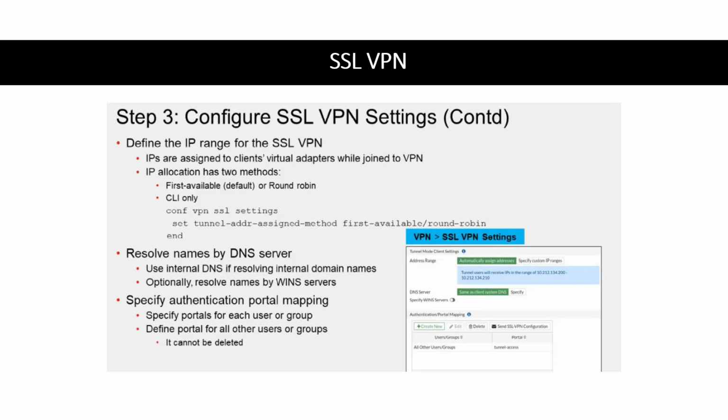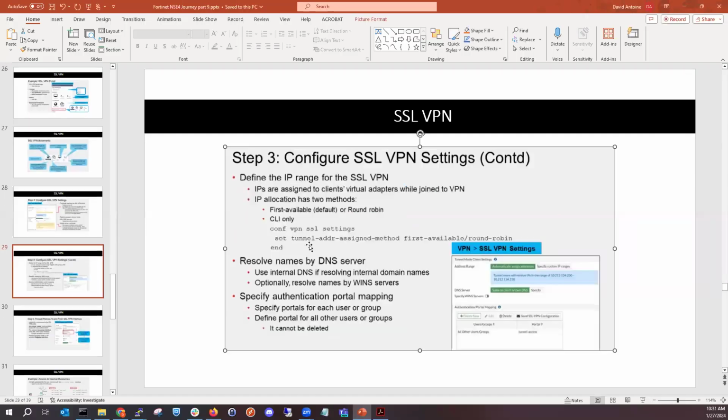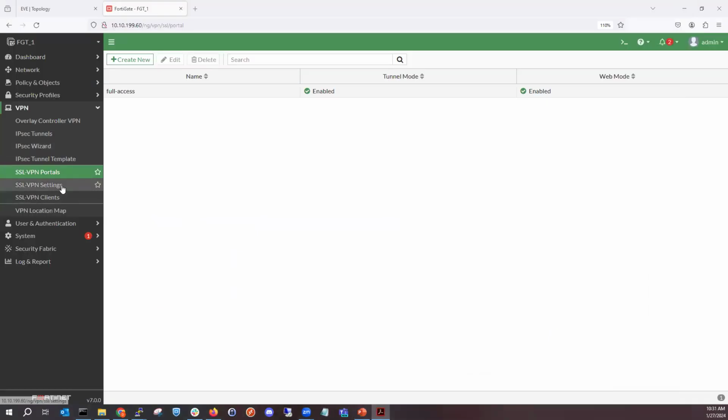They're able to reach those internal resources by not just IP, but fully qualified domain name. Okay. And of course, last but not least, us configuring those portals here, where that would come in, we would go ahead and of course, match the users or groups, right, to a specific portal. Okay.